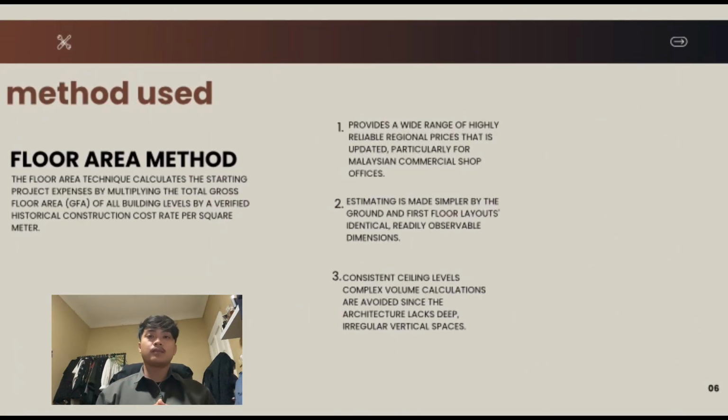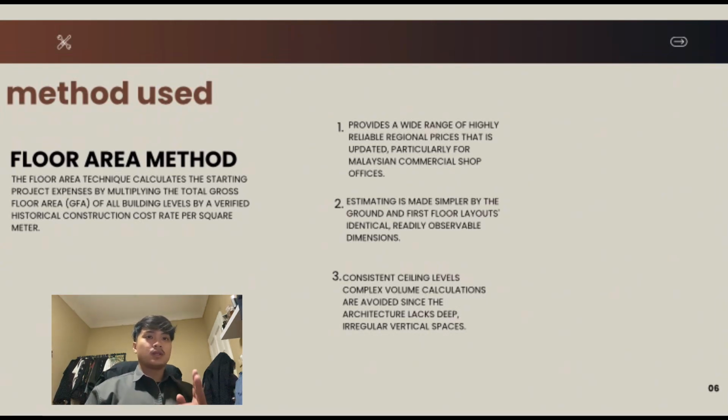For this assignment, the method that I personally chose is the floor area method, because the floor area technique calculates the starting project expenses by multiplying the total gross floor area, which is the GFA, of a building's levels by verified historical construction cost rate per square meter. Number 1, it provides a wide range of highly reliable regional prices that are updated, particularly for Malaysian commercial shop or office.